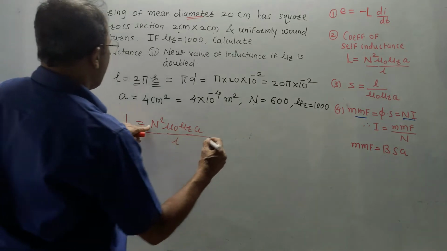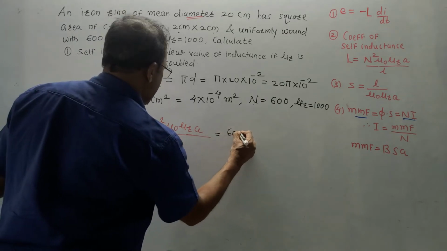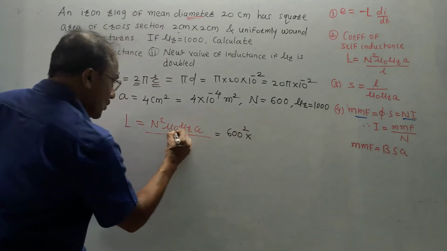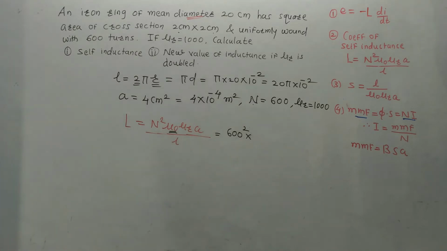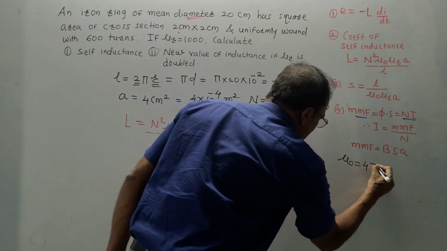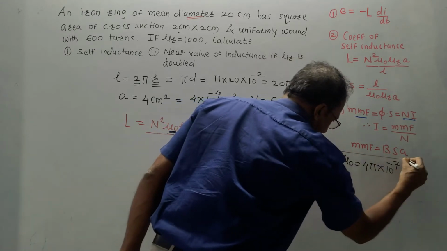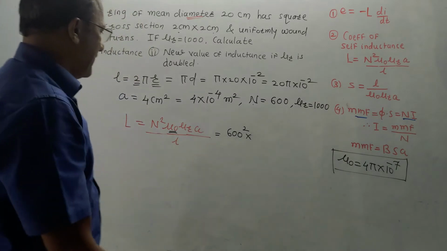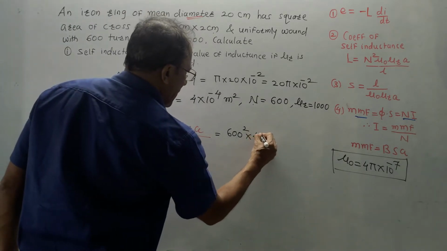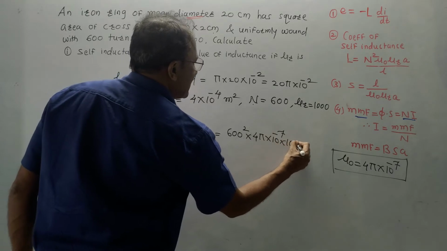So N square, the value of N we have written 600, it becomes 600 square into mu 0. Mu 0 is permeability of free space. Do remember this value, it is 4 pi into 10 raised to minus 7. This is a fixed value, which is permeability of free space. So put the value 4 pi into 10 raised to minus 7 into mu r is 1000.